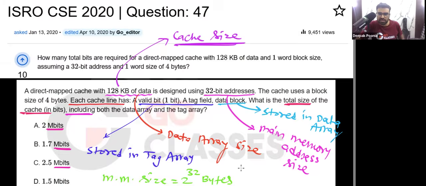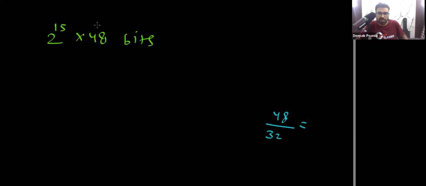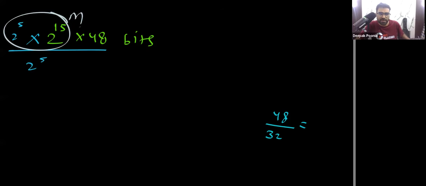So what we can do here, this 2 power 15 into 48 bits, let's multiply with 2 power 5 and divide by 2 power 5. Now this will become capital M, and what remains is 48 divided by 2 power 5, meaning 48 divided by 32, that will become 1.5.